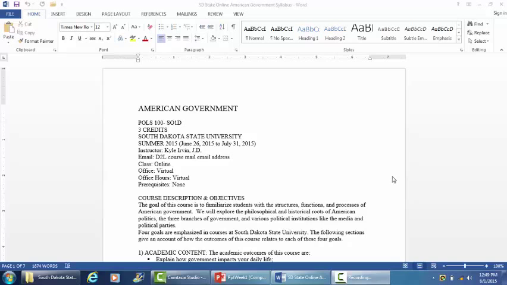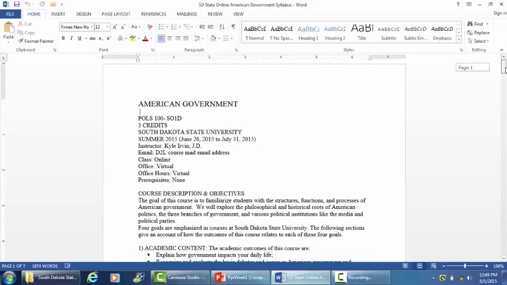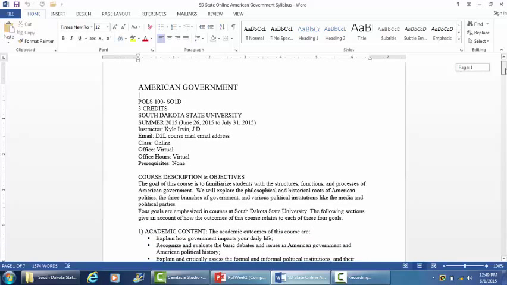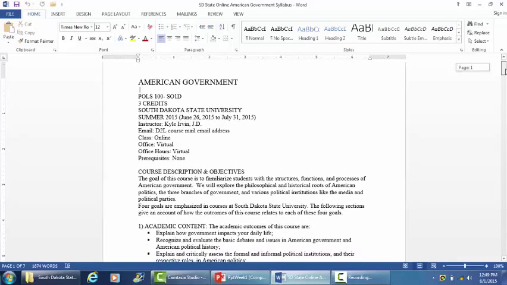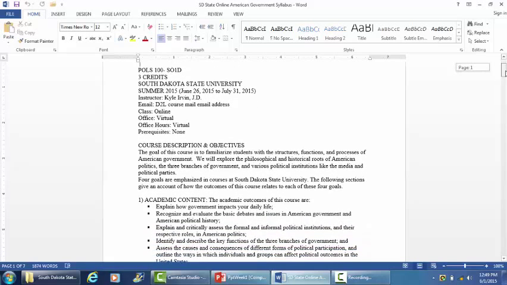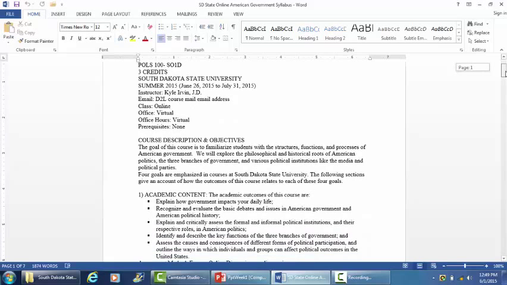So in looking at the course syllabus, we'll just get started in looking at that here initially so that you can familiarize yourself with the syllabus, because that'll be an invaluable tool for you to refer to as we go throughout the class, so you kind of know where the class is headed and whatnot.